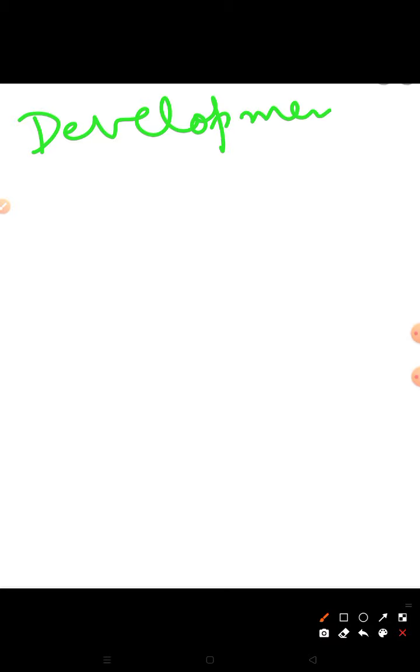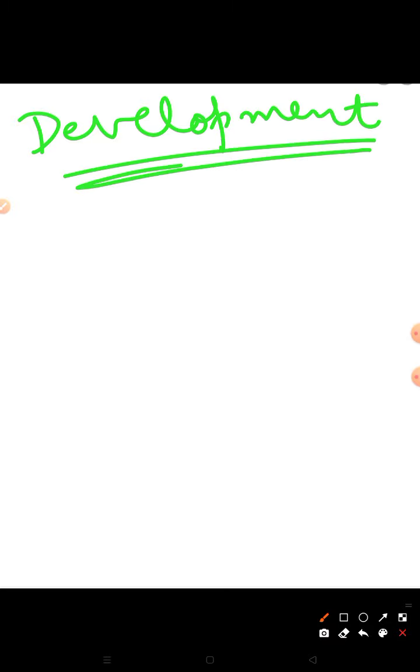One more topic we are discussing here, that is development. What is development? Development includes all changes that an organism goes through during its life cycle. We are discussing here plant.